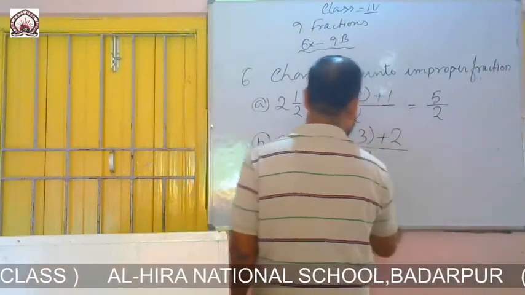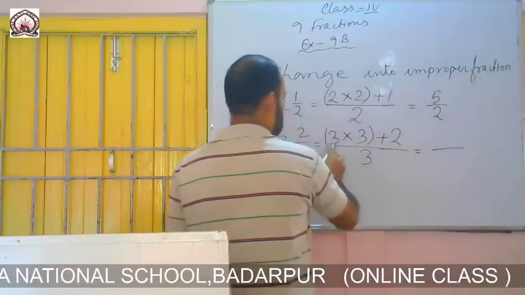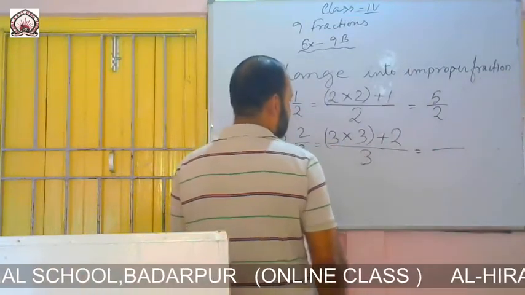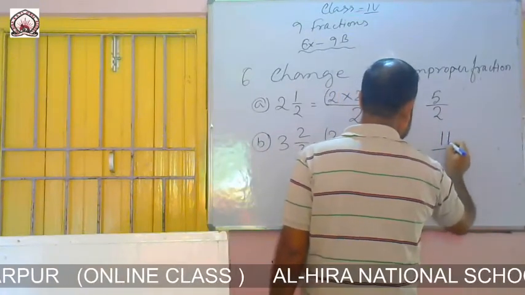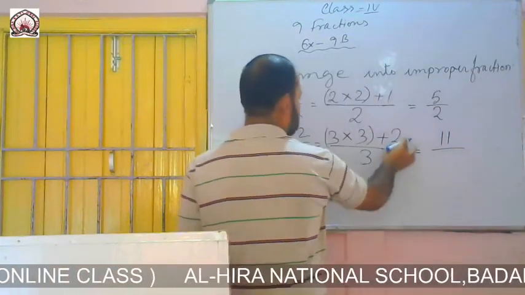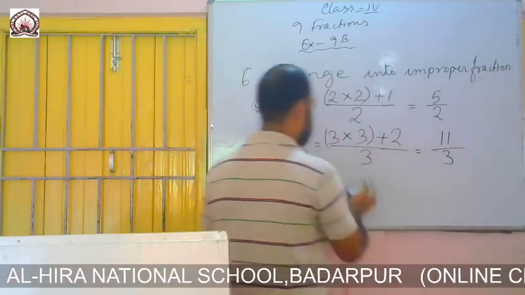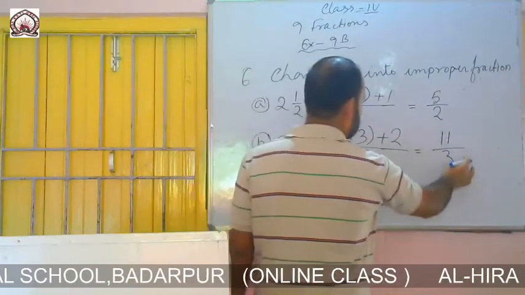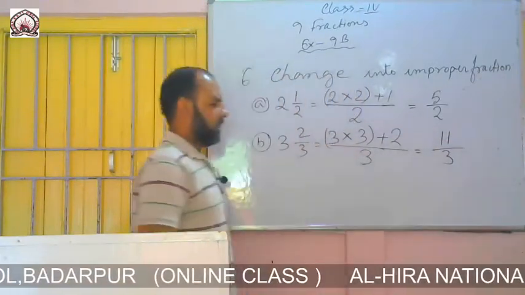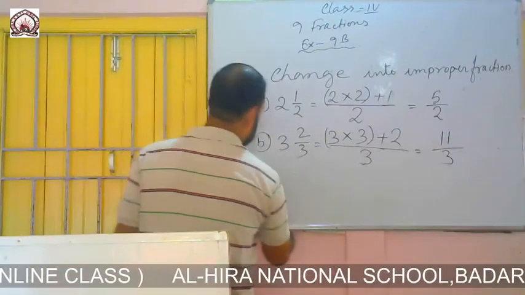So here 3 by 3. 3 3s are 9, plus 2 is 11, over 3. This 3 always remains the same. So 11 by 3. Next, question number C.